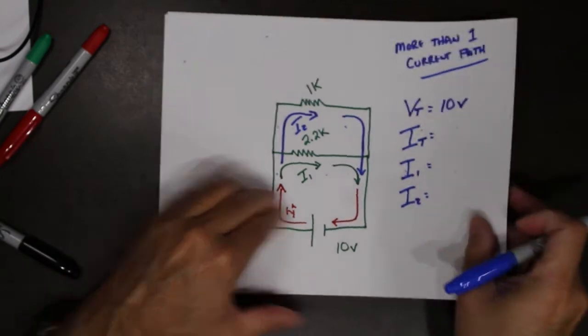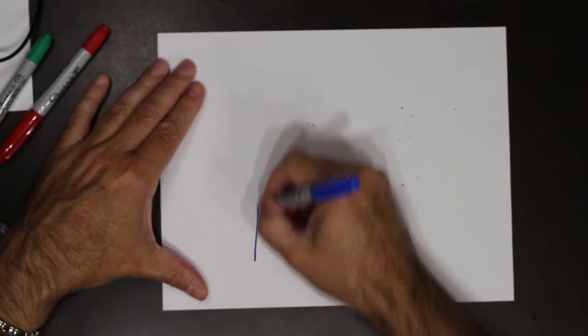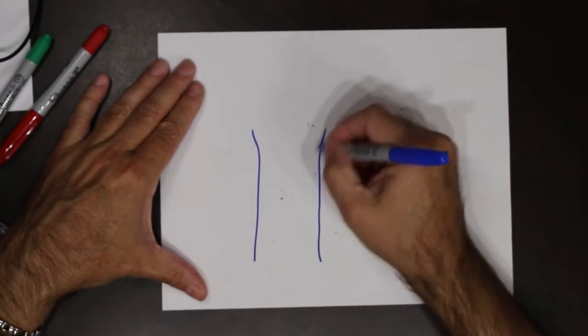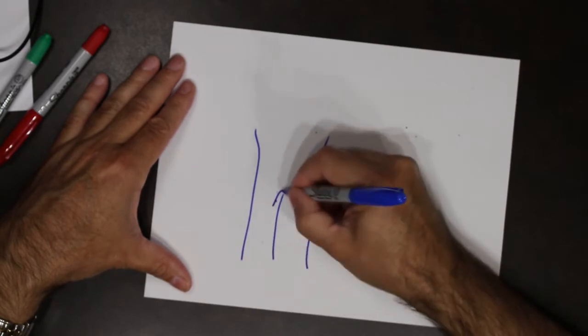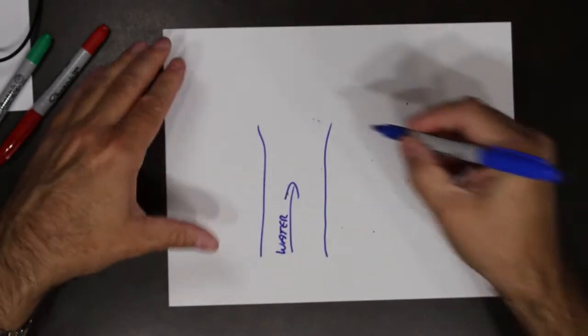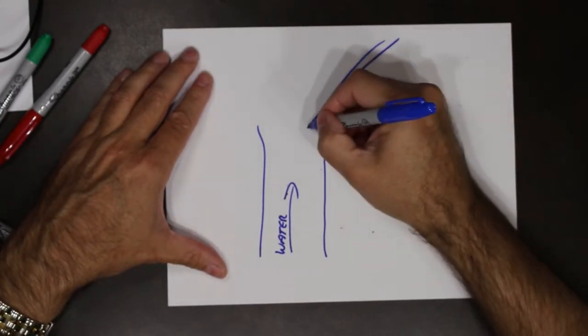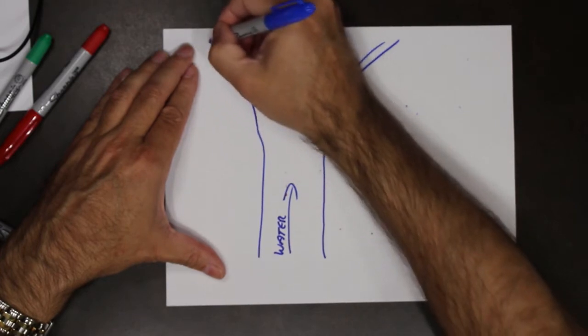So think of it like this. If you have a river flowing, so we've got a flow of water in a river, then the river branches off.